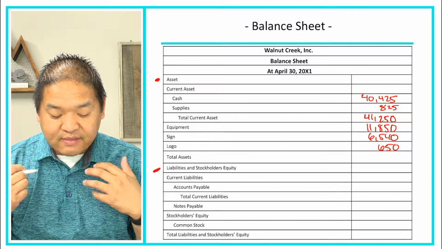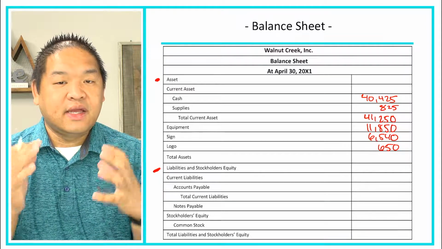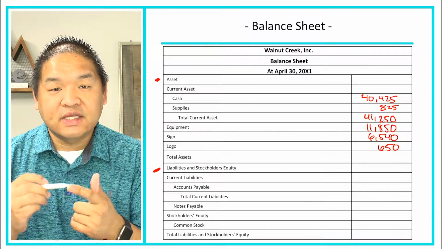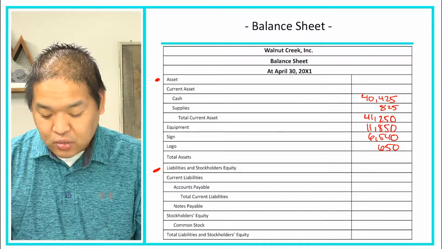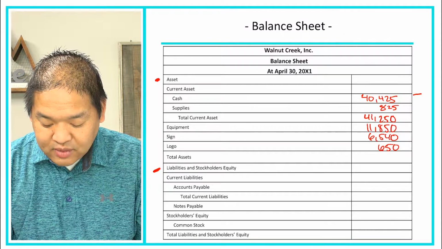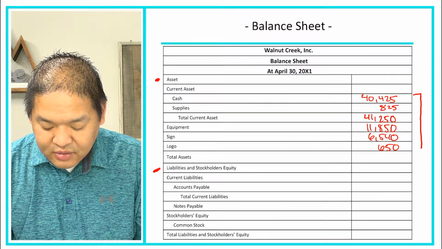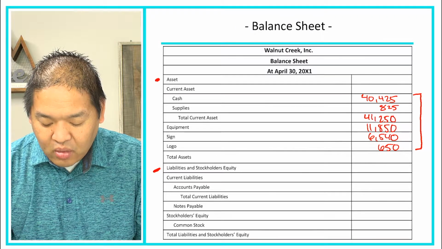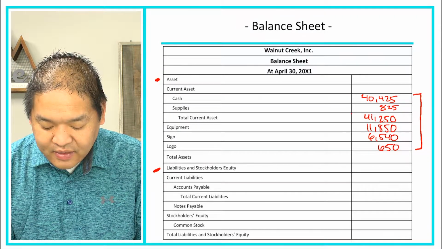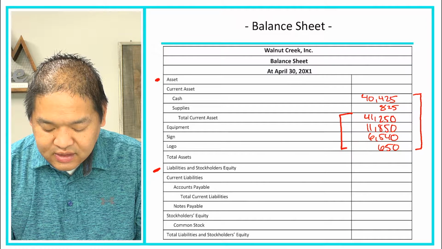All right, so now it's time to add up all the assets. Now, this is where it gets a little tricky, because remember, you did summarize all your current assets, which means I'm not going to summarize all these numbers here. I'm only going to add up these numbers here.